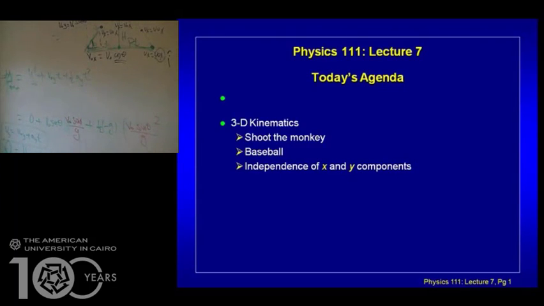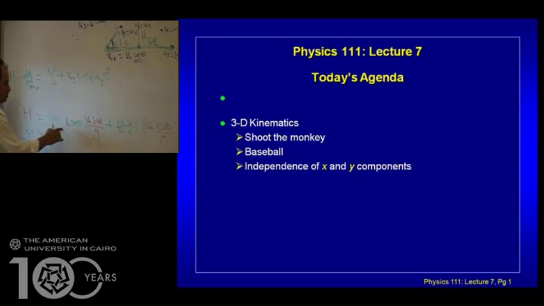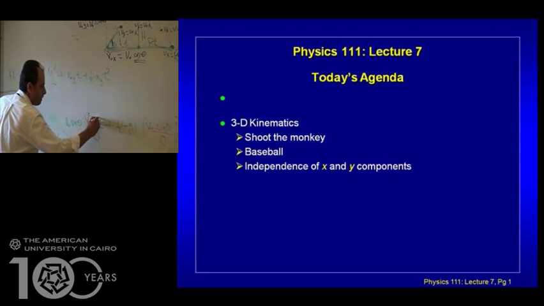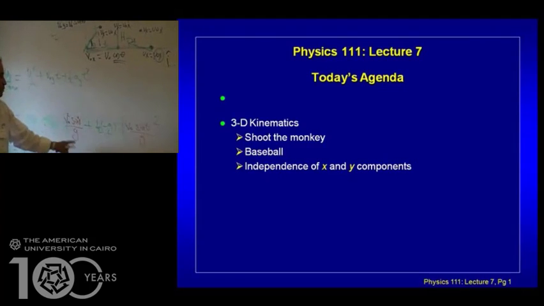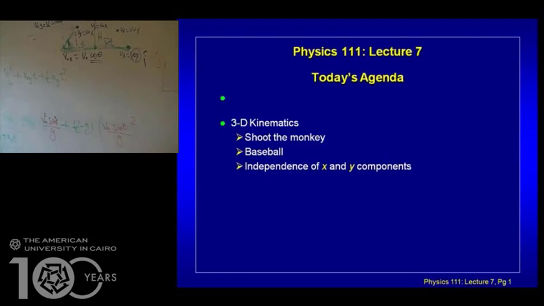Okay, guys? So, H will equal that's 0, V0 sin theta times V0 sin theta, can I do that? That's V0 squared sin squared theta over G. Right? Right, guys? Yes. Okay.